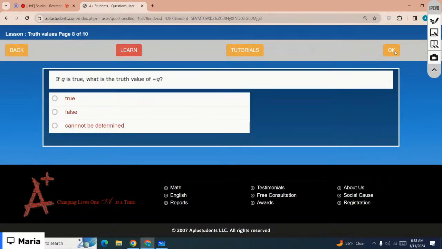If Q is true, what is the truth value of not of Q? Not of Q is false, then the correct option is false.